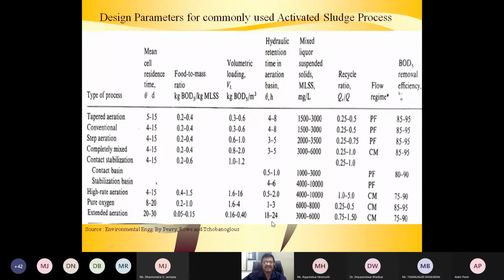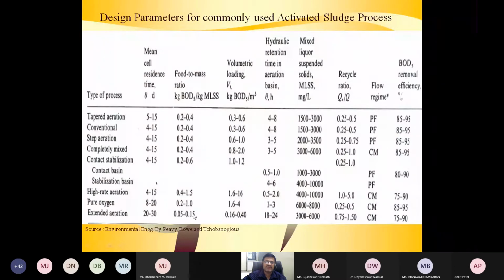So what will be happening in extended aeration? One thing is that your food by microorganism ratio is very low, because the food will become very little in 20 to 24 hours, as the microbes will use it.